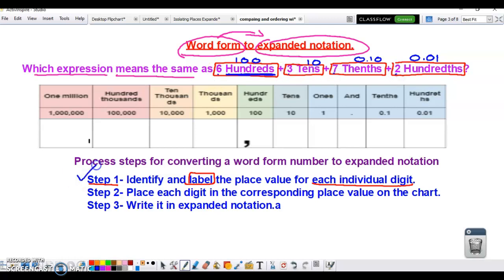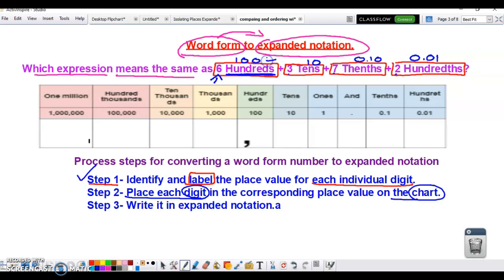So that's step 1. Step 2, place each digit in the corresponding place value on the chart. So I'm going to place each digit in the chart. What that means is I'm going to start right here with the number 6 and place it in my chart. Well, I have 2 clues that are going to help you figure out where in the chart to put it.